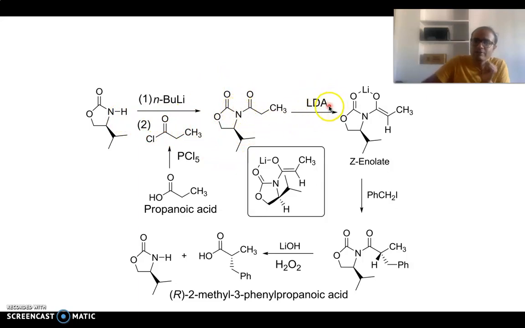Then we treat it with lithium diisopropylamine, leading to formation of an enolate here, and the enolate then attacks this phenyl methyl iodide, leading to the bottom side attack on this particular molecule because the top side is sterically hindered by the isopropyl group here. Once you have formed this particular enantiomer which you actually want, the next step is simple hydrolysis using lithium hydroxide leading to your required chiral molecule.